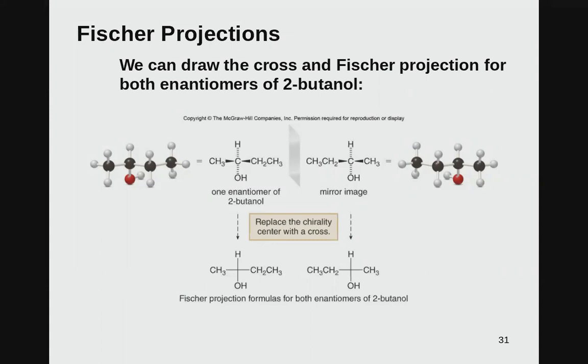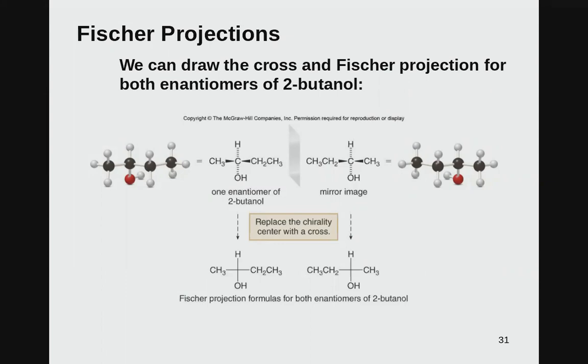If we put a skeletal structure over this, it would be that kink. So this is one enantiomer of butanol. We flip it over, getting the second enantiomer of butanol. We can simplify this indication of a 3D structure with a simple structure, where this is converted into this, and this is converted into this, these being interchangeable. We know that this has to equal this, and this has to equal this.